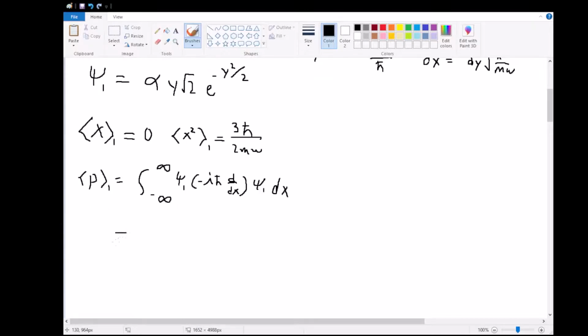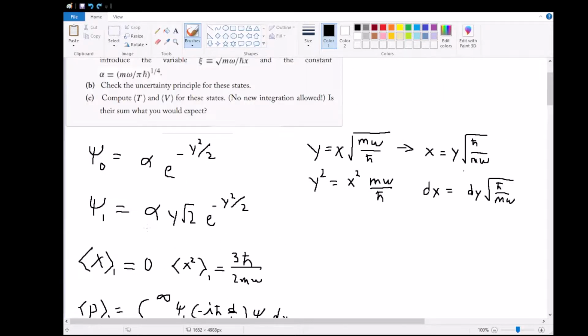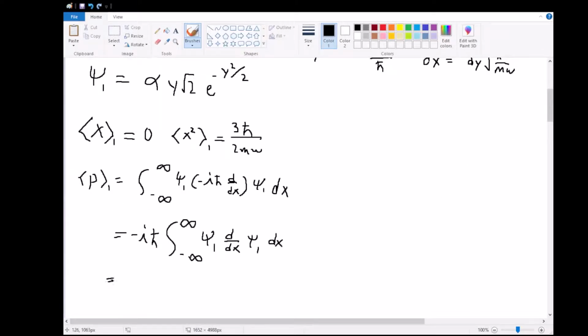Move everything over. This becomes negative i h bar times the integral from negative infinity to positive infinity of psi 1 times d by dx of psi 1 dx. Okay, write everything out. The alpha and root 2 get squared, so we get negative 2 i h bar times alpha squared.